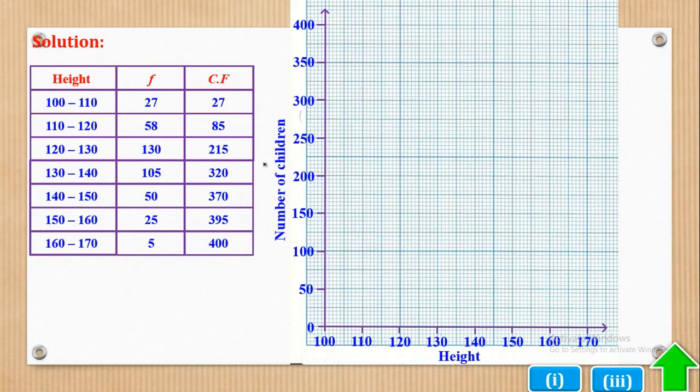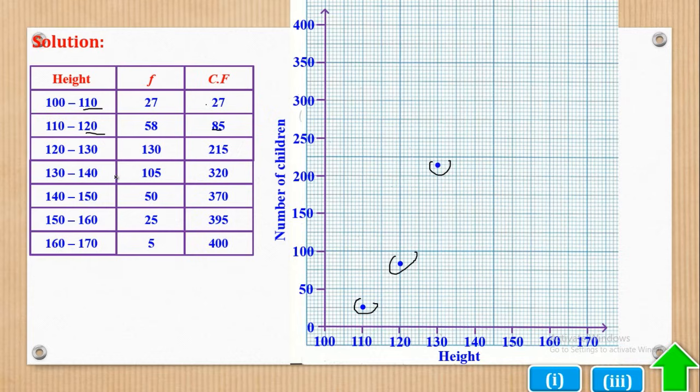As you're plotting, you must remember that you're plotting upper class boundary against cumulative frequency. So let's do that. For example, the first point, 110, corresponds to 27. So for 110 put 27 there. Then 120 corresponds to 85. 130 corresponds to 215, which is there.